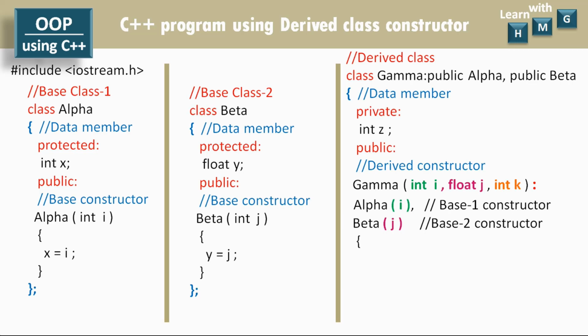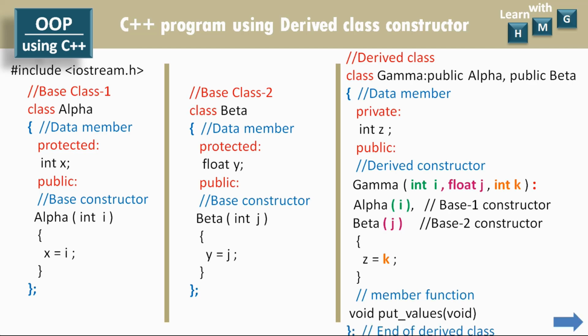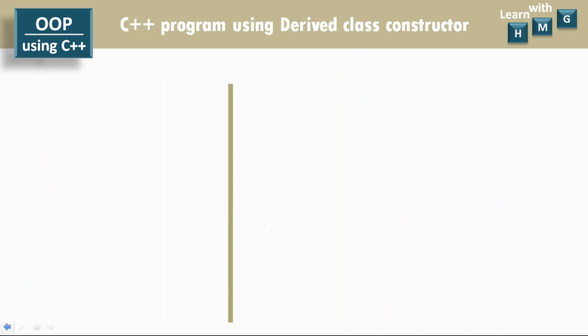Then the body of the gamma constructor starts, and within this the data member of the gamma class is initialized with the help of the k argument. So like this, z is also initialized, and I have now the member function putvalues to display all these values, that is the data members x, y and z of the three classes, and end of the derived class.